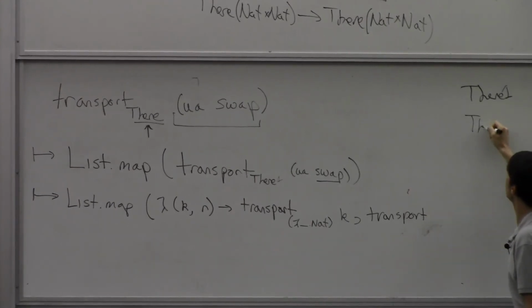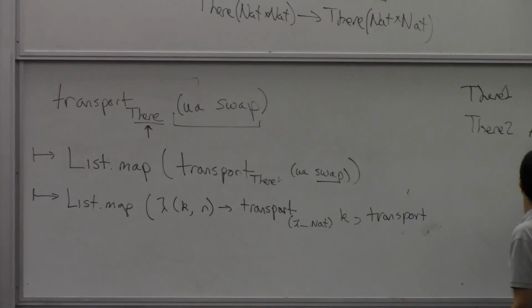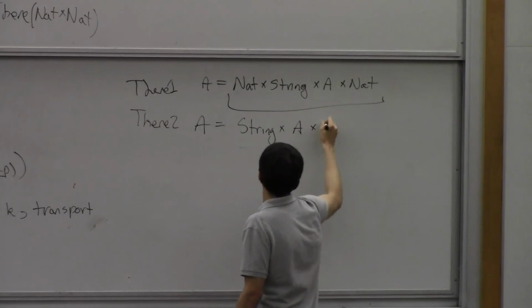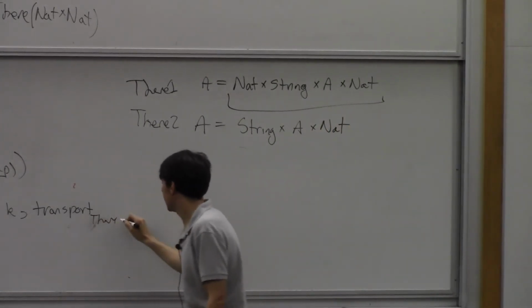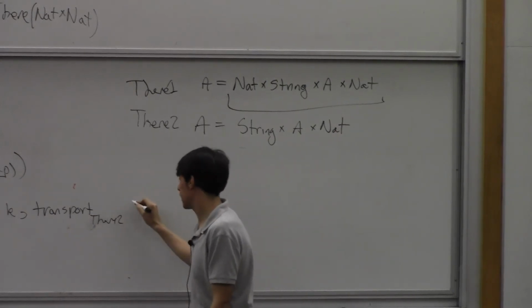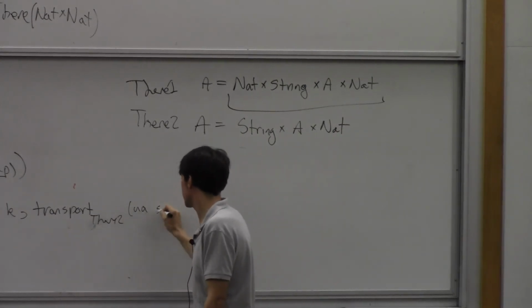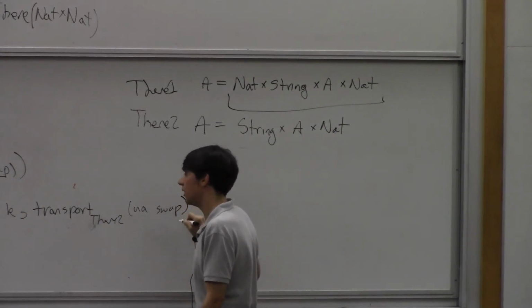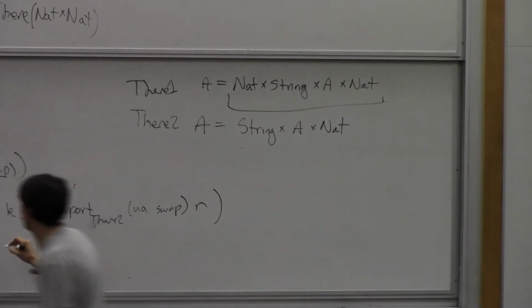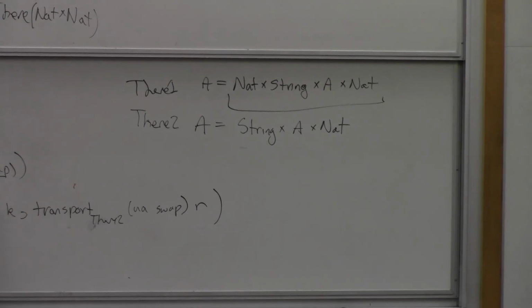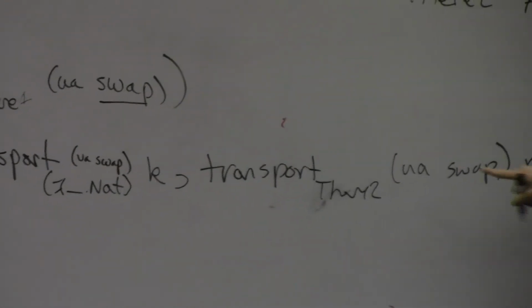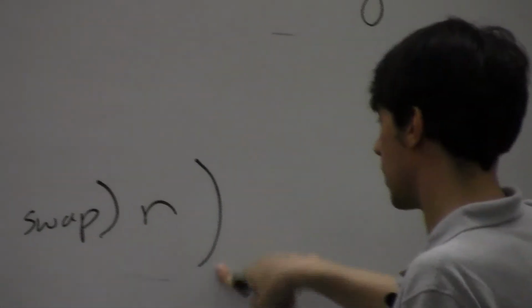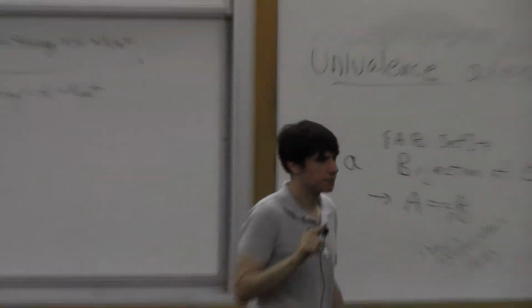So let's just define there two of a equals string cross a cross nat. OK, and then we'll transport at there two with, oh, I forgot UA swap on the other side, sorry. UA swap on R. And here, I also wanted to write UA swap. List.map, close. OK, good.